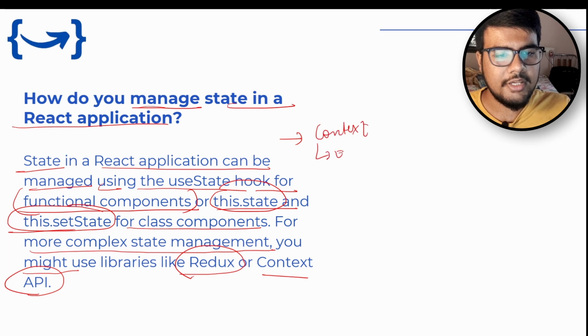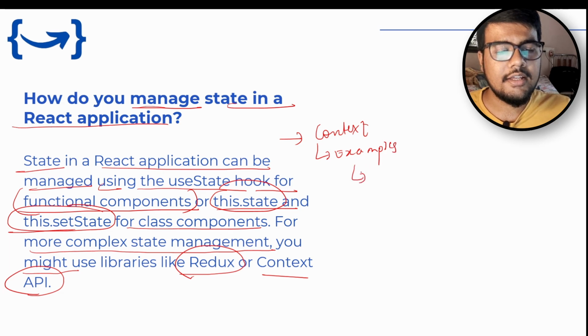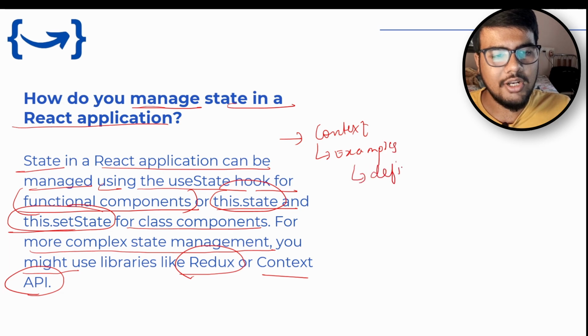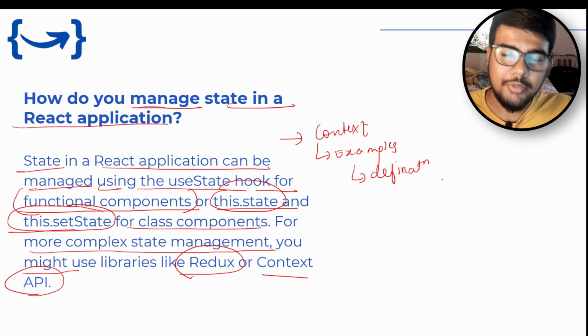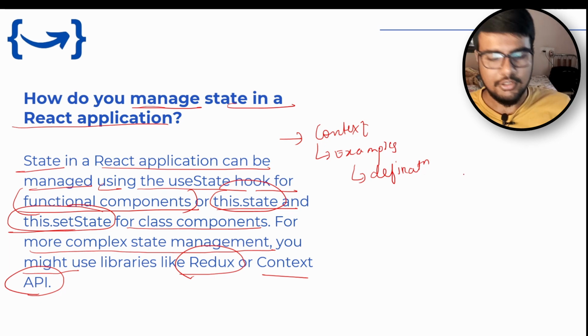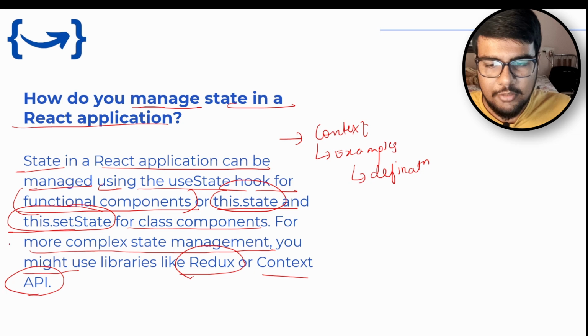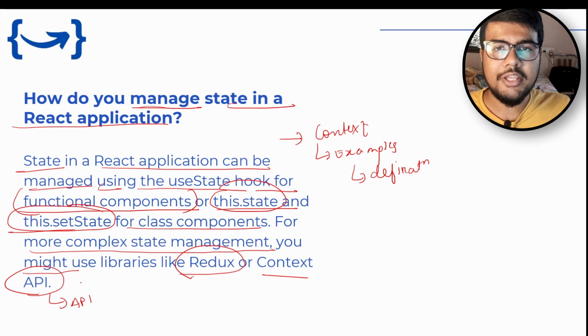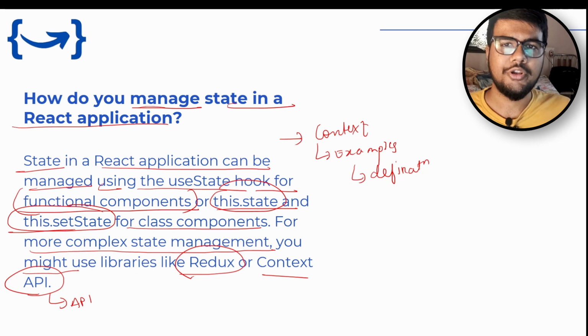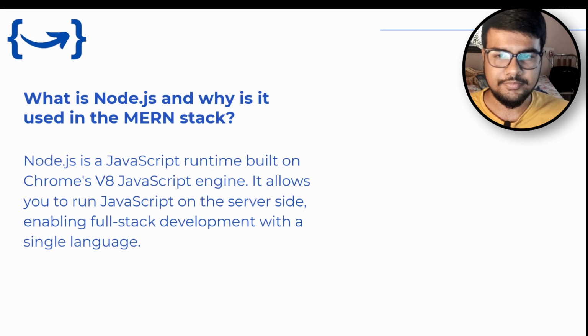Then if there are some examples, do list those examples and give the proper definition, not a generic or an application-based definition. Definition should be like a definition. Great. So now, what do you mean by API? Do you think without API we can communicate between websites? These types of random questions can pop up in your interview, so you should be aware of it.